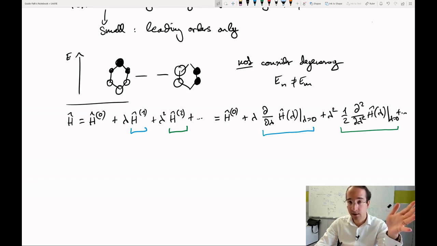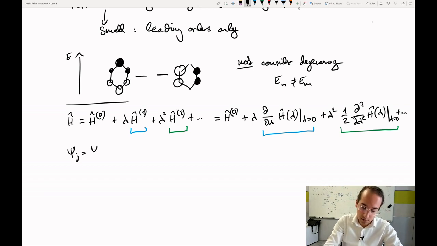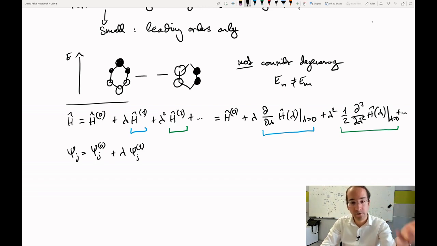So how does it look for the wave function or for the energies? If we say our wave function psi j looks the same way, then again we have psi j 0, the one of the unperturbed reference system, plus the change of the wave function because of this external perturbation, because of some change in the system.